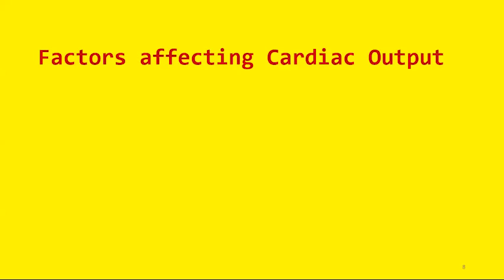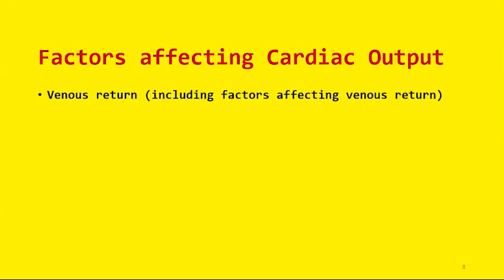First, we will discuss the factors that may affect cardiac output. The first and foremost, the primary factor which affects cardiac output is venous return. We have already discussed. So venous return and cardiac output are directly proportional to each other. Greater the venous return, greater will be the cardiac output, and vice versa.